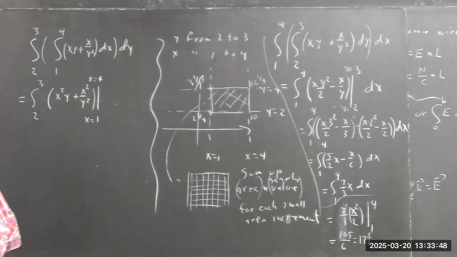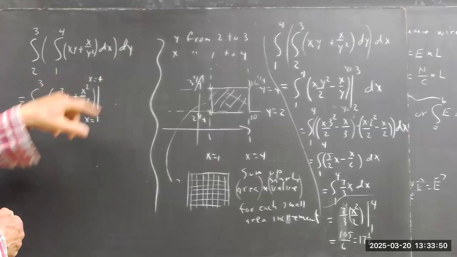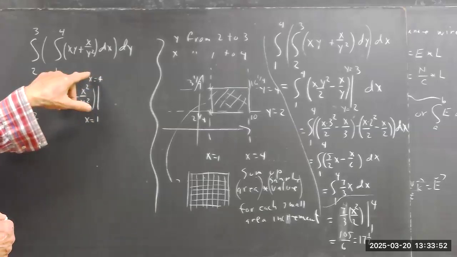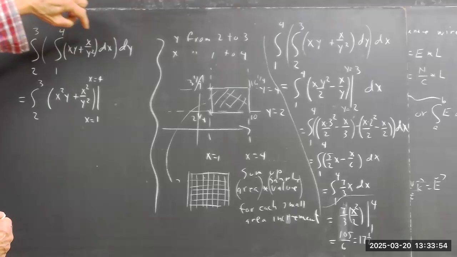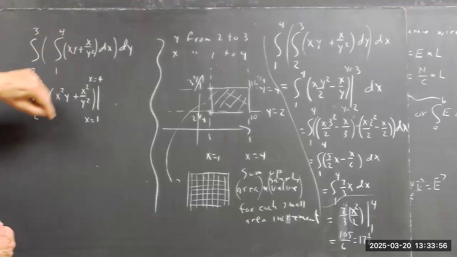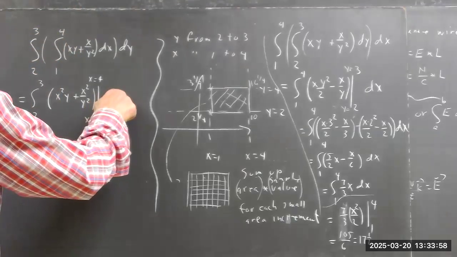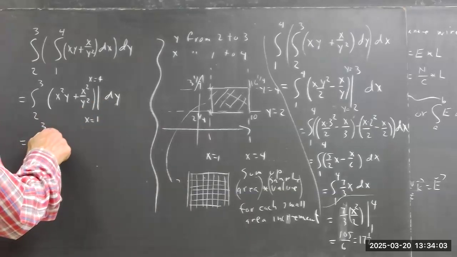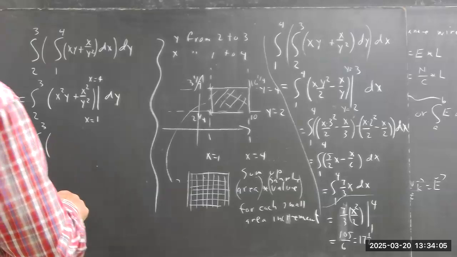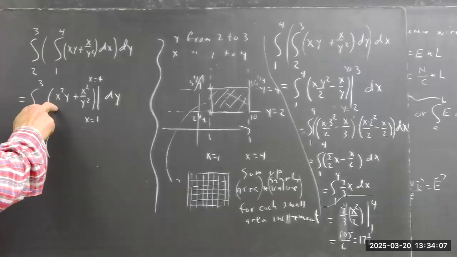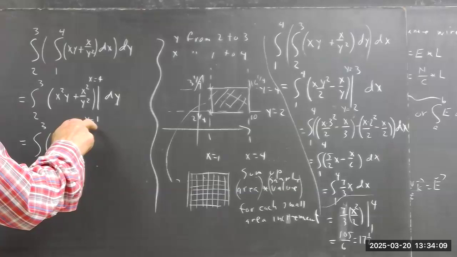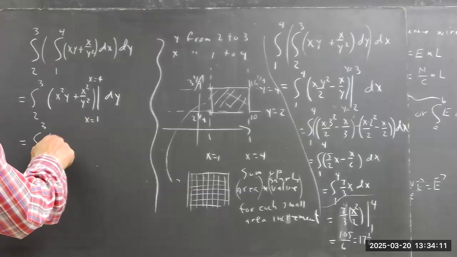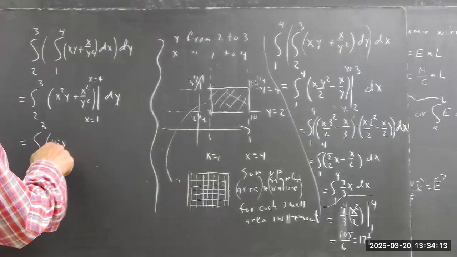So it's useful, especially when you're getting started, to write x equals 1 to x equals 4, because we're integrating with respect to x, we want to substitute for x. If we do that, we have the integral from 2 to 3 of, so that's going to be 16y, but then it's going to be minus 1y, so that's going to be 15y.